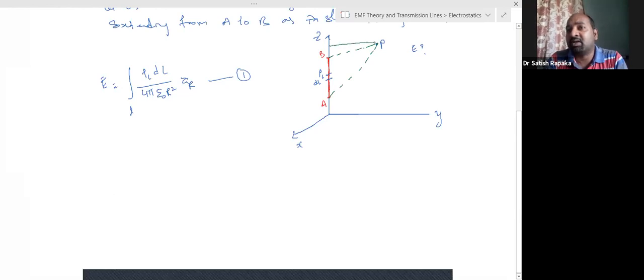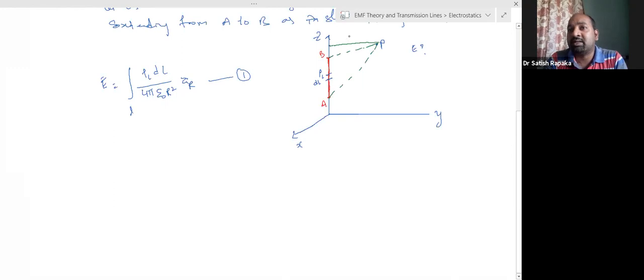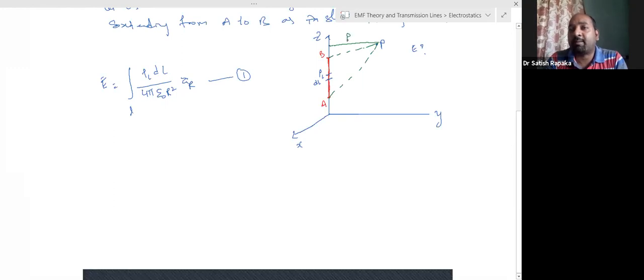The normal distance from point P to the z-axis is rho. Rho is different from rho L, please make a note.